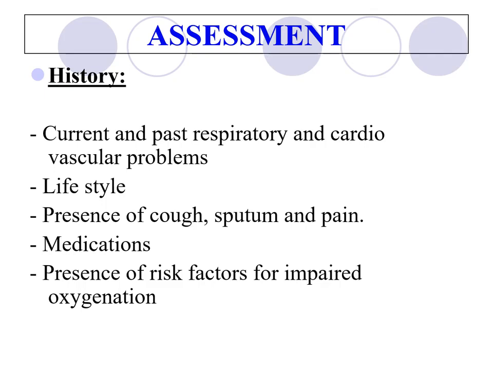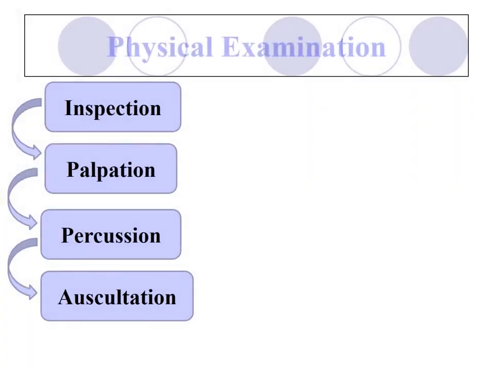Current and past respiratory and cardiovascular history. Then we will go to physical assessment or physical examination. In physical examination, we have to do inspection. For inspection, as you took previously in health assessment, we will start with the inspection of the chest. We have to see the symmetry and the chest movement.